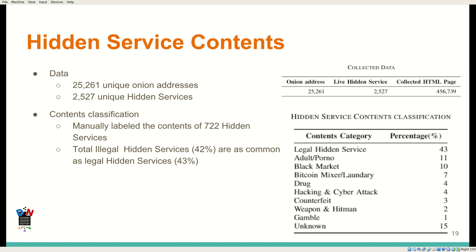Illegal hidden services include all categories except legal hidden services and unknown. They account for 42% of the total, which means that illegal hidden services are operating as much as the legal hidden services. Legal hidden services include marketplace, personal blog, and server hosting service. They account for 43% of the total.